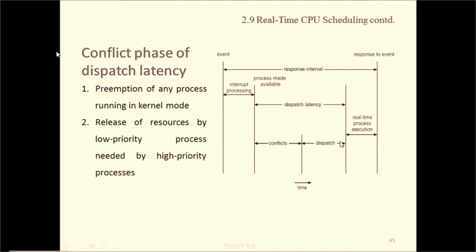Then it resolves that conflict by taking out the resource from the low priority process and assigning it to the higher priority one. This is the dispatch latency, and then the real-time process execution begins, and the real-time process execution ends here. Okay, this is the timeline at this moment of time. So from the time the interrupt has occurred till the interrupted process re-begins its execution, this is called the response interval.